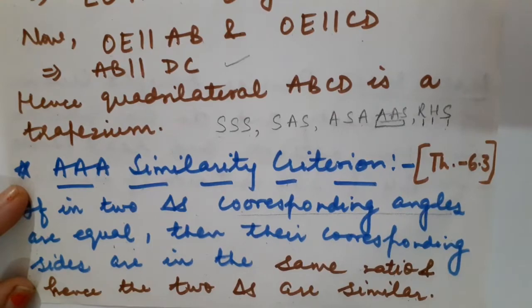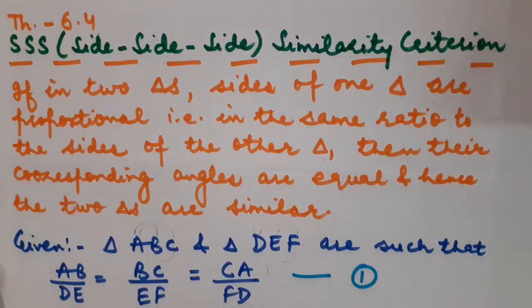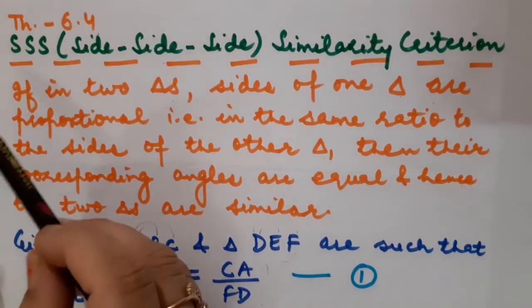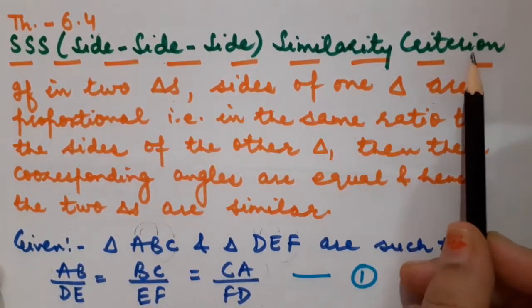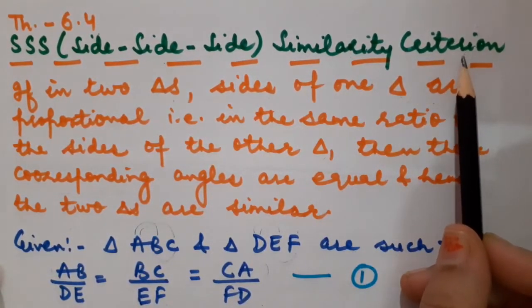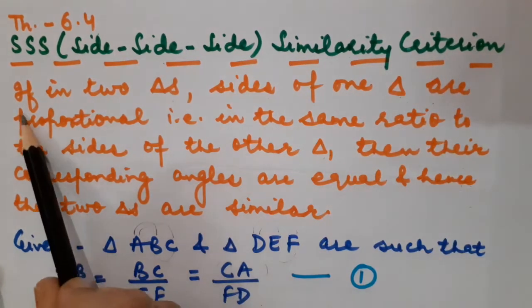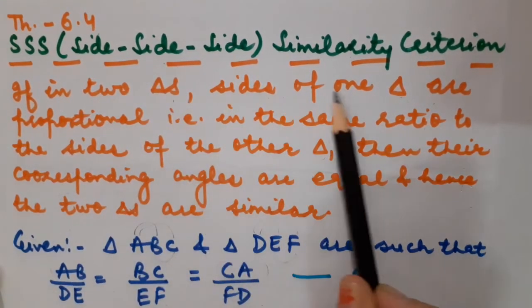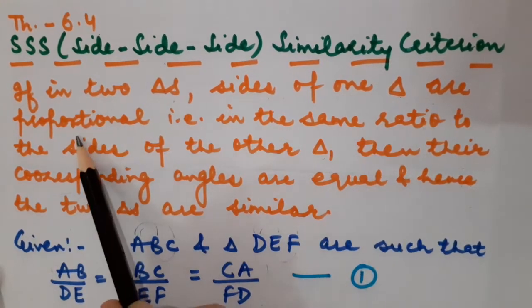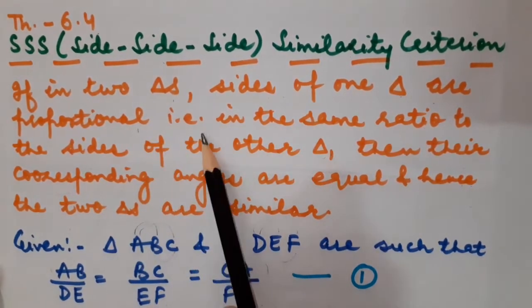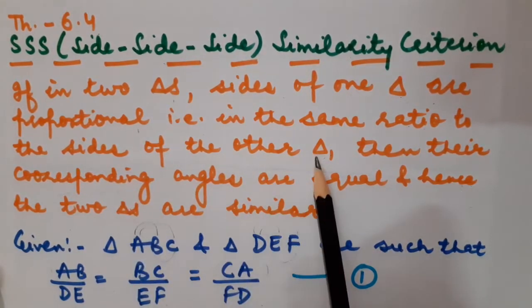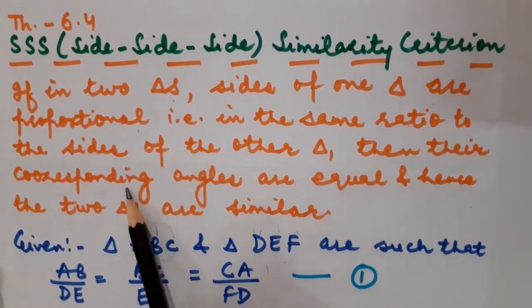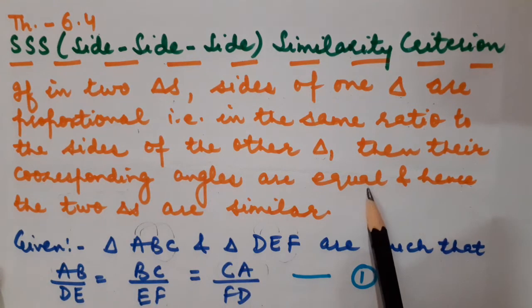Got it, children? Now let us recall the next criteria, that is side, side, side similarity criteria, which I explained in my previous lecture. If in two triangles the sides of one triangle are proportional, that is in the same ratio, to the sides of the other triangle, then their corresponding angles are equal.